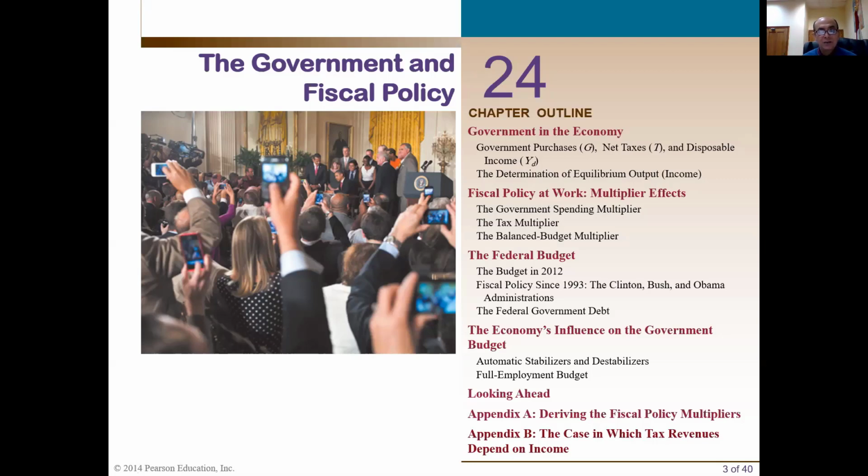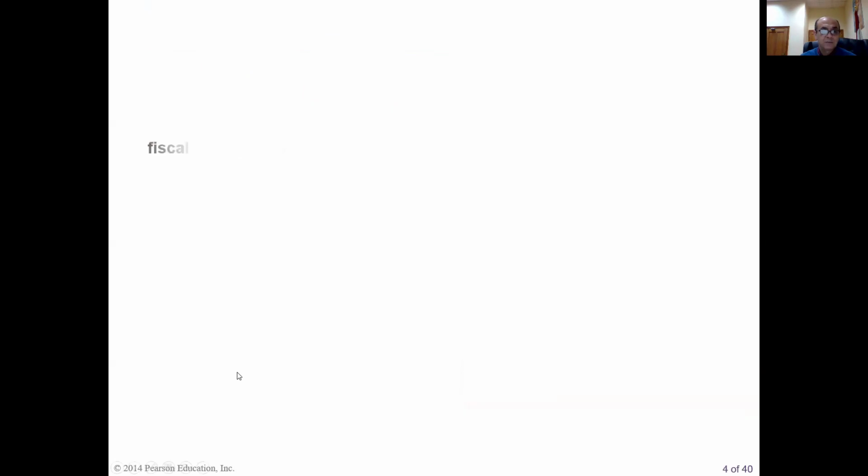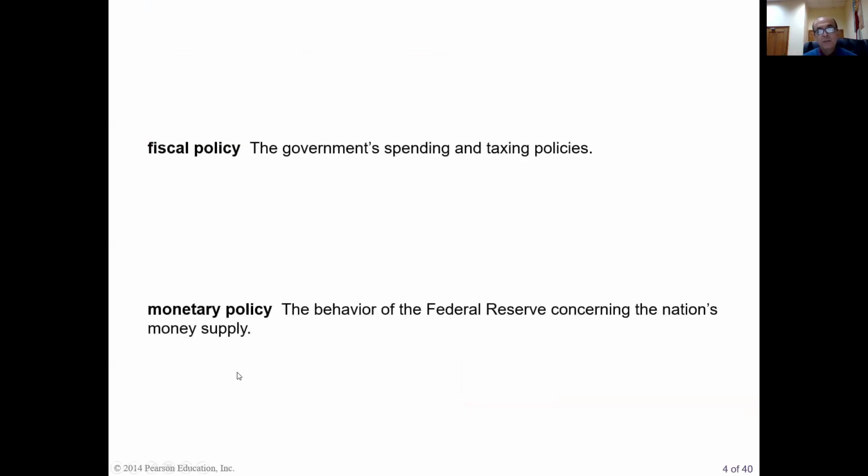The government has two policies. The first one is called fiscal policy, another one is called monetary policy.